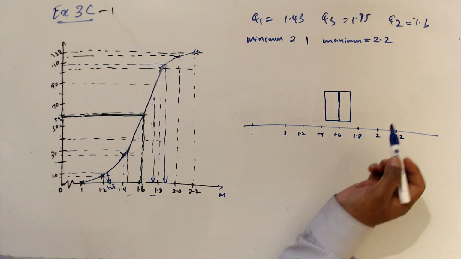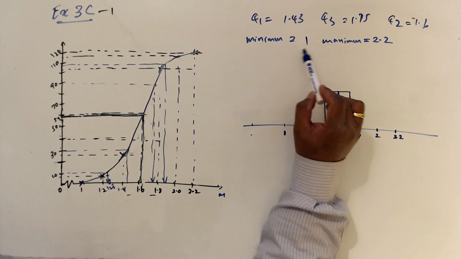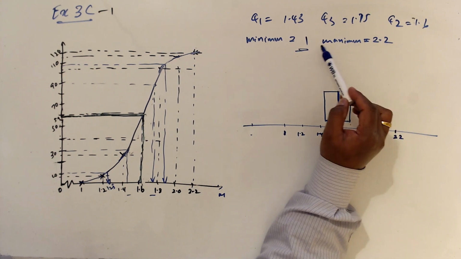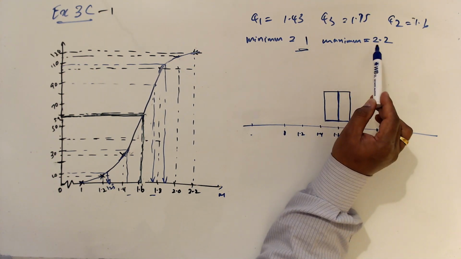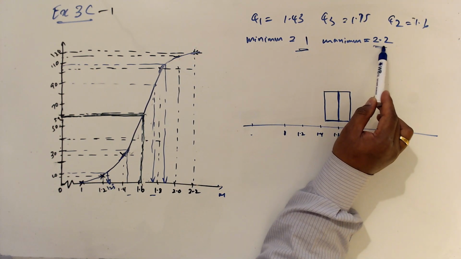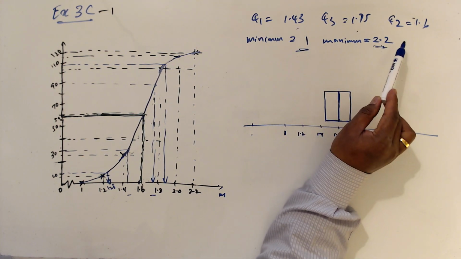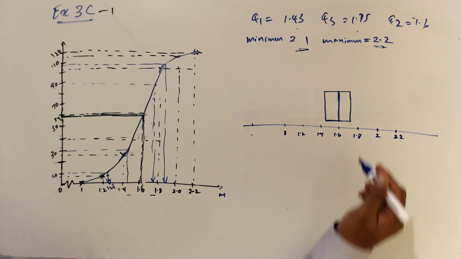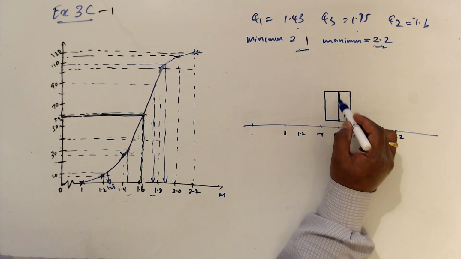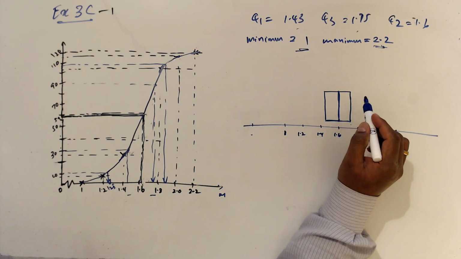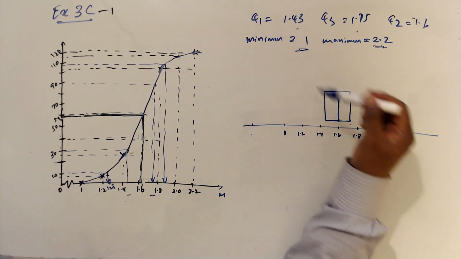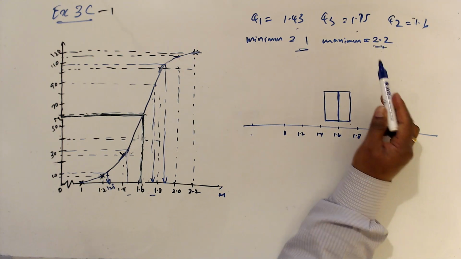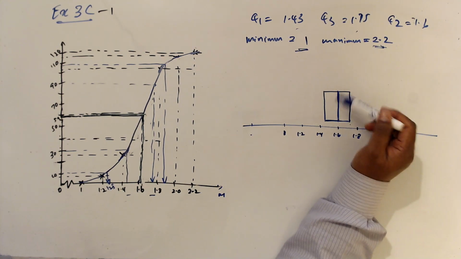To draw the box plot, I need the minimum, which is 1, the lower boundary of the first class interval, the maximum, the upper boundary of the last class interval, and the median. I think in my previous discussion I missed the median on the box plot. So the quartiles are 1.43 and 1.75, and this is the median.